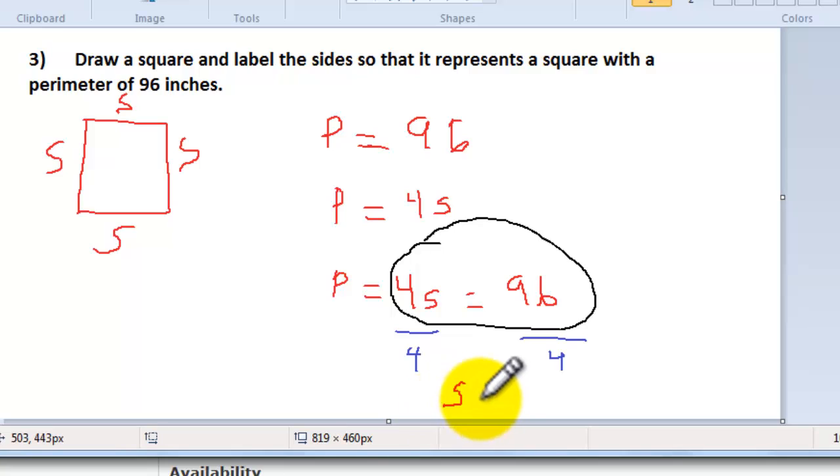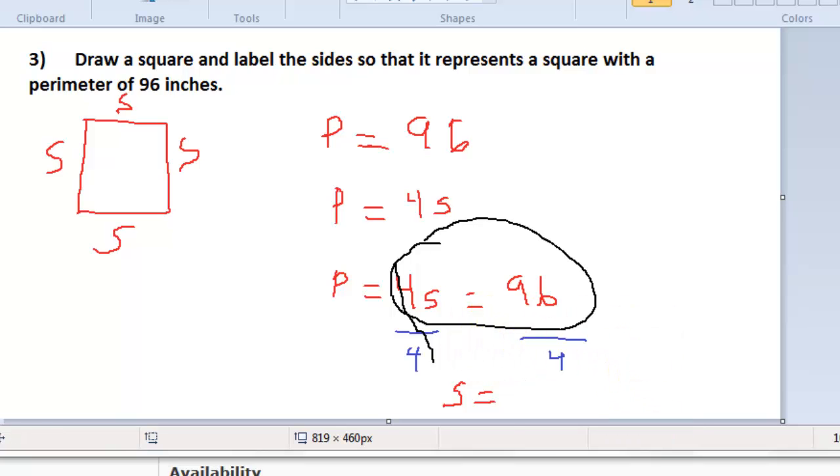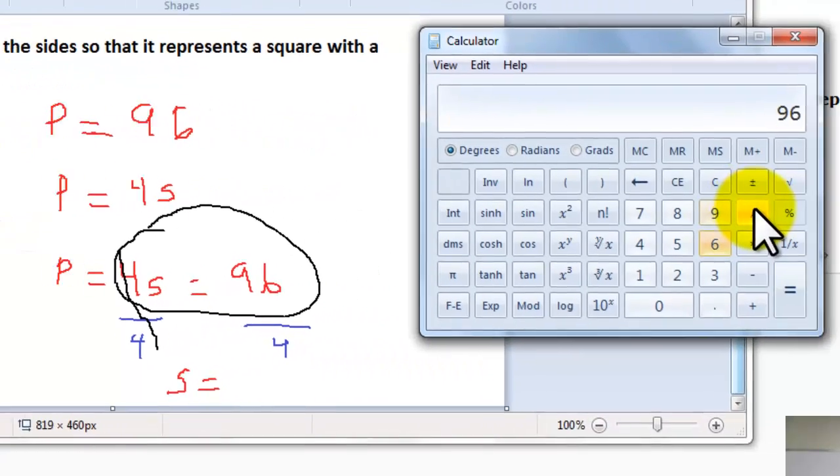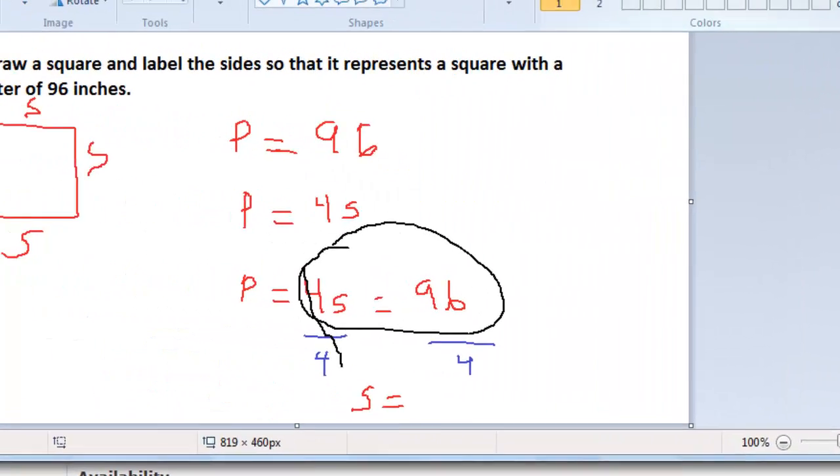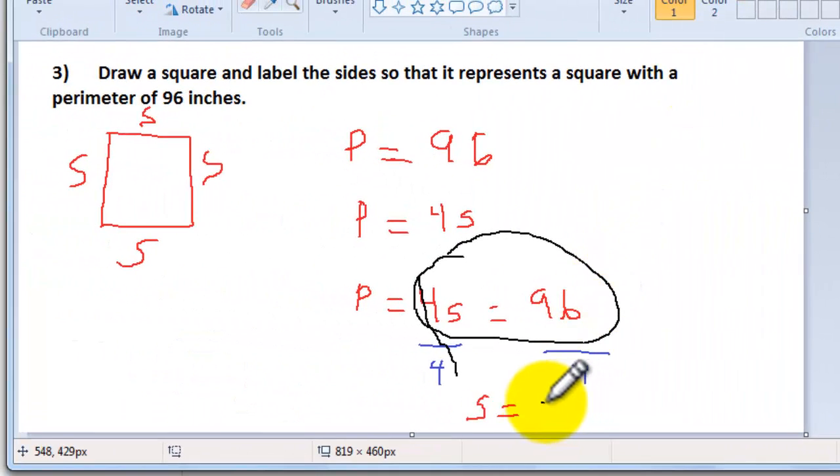Some people just know to do this problem. They go, oh, I just divide by 4. That's fine. It's just we want to spell out what's going on. So 96 divided by 4 is 24. So s is 24. So in this case, we're not doing an expression.